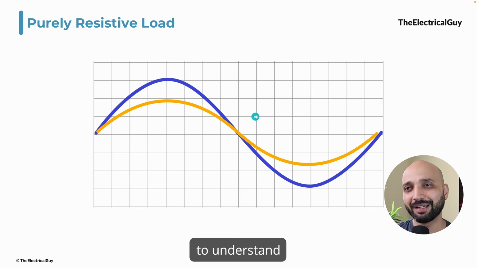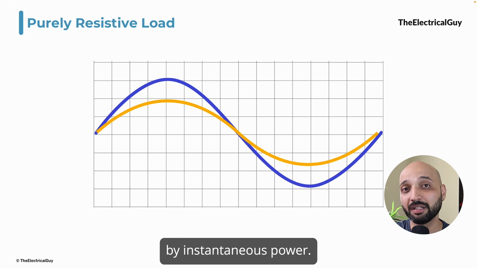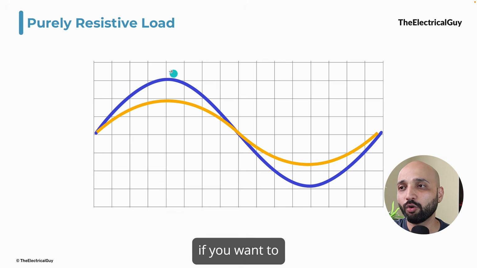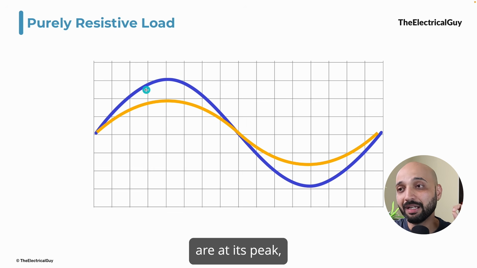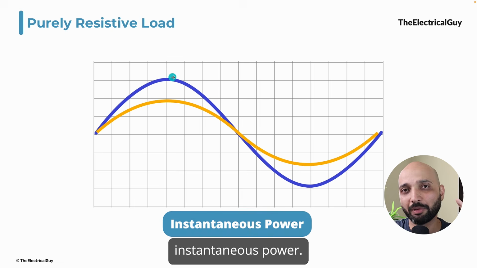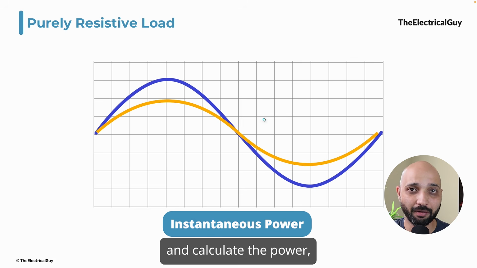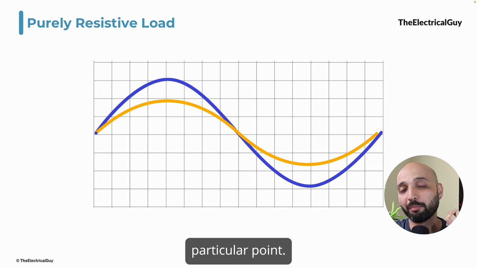First, to understand that, we will calculate the instantaneous power. Now, what do we mean by instantaneous power? It is a simple concept which states that if you want to calculate the power at a particular instant, where both voltage and current are at their peak, then it's called the instantaneous power. So if you take any instant on this waveform and calculate the power, you'll get the instantaneous power at that particular point.